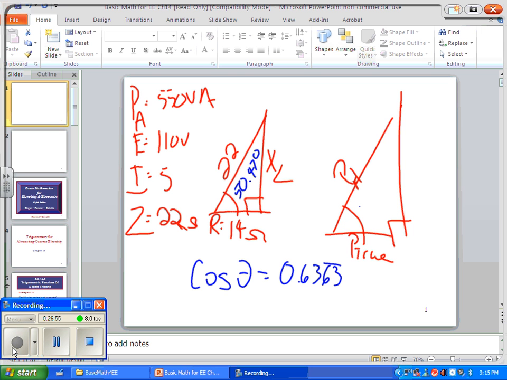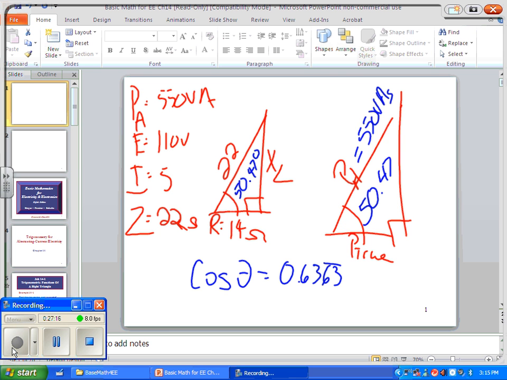Now, the power triangle of that same circuit will have the same exact angle, except it's going to be set to a different scale, it's going to have 550 VAs up here. Okay, so we've got a different triangle.